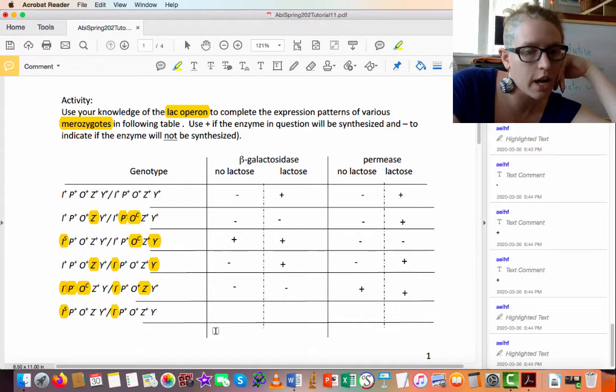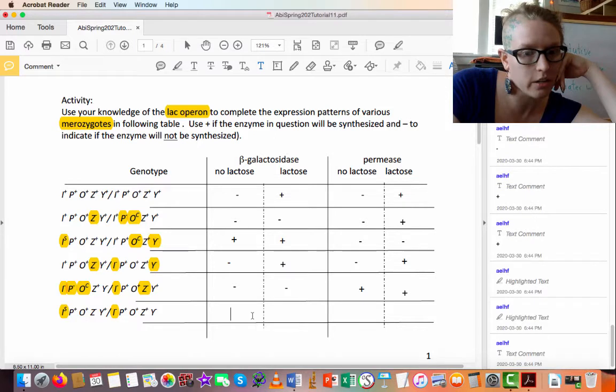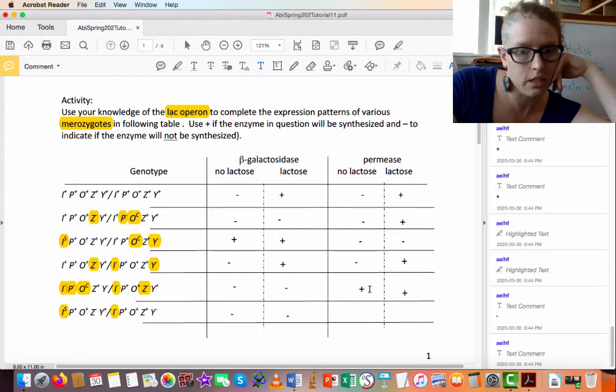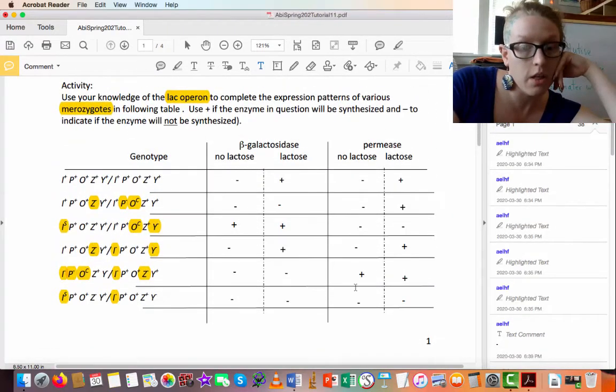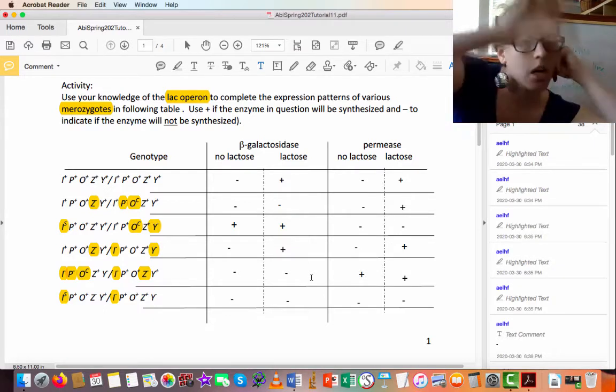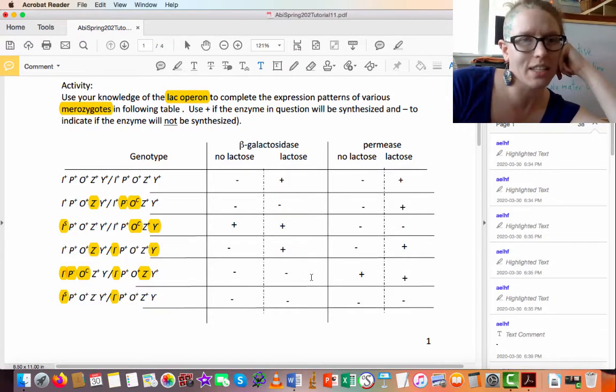Nothing's going to get transcribed. This is all minus because all of our operators are normal. Minus, minus, minus. Ta-da! So those are the answers to that one. I hope that made sense and helped all of this stuff coalesce a little bit more for you.